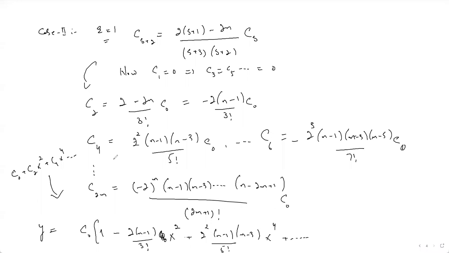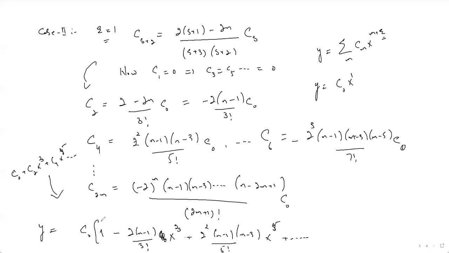Sorry, we have x raised to power r plus 1, we have c0 x raised to power r plus 1, r is 1, so it will become c3, this will become c5. Okay, so this will be cube and this will be 5, because the solution y is equal to summation over m of cm x raised to power m plus r, r is 1, so y will be equal to corresponding 0, x raised r is 1, so it will be c1 x.